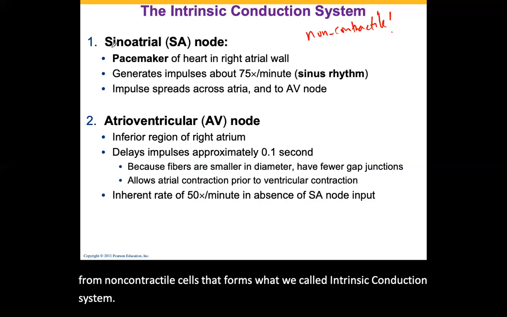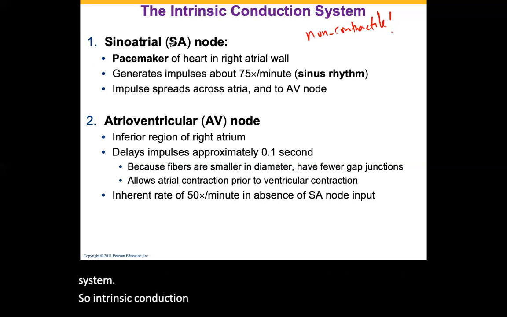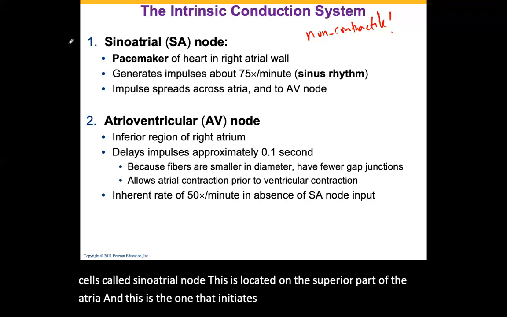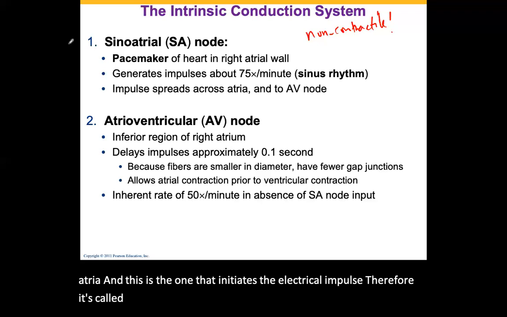The intrinsic conduction system starts with a cluster of non-contractile cells called the sinoatrial node. This is located on the superior part of the atria, and it is the one that initiates the electrical impulse. Therefore, it's called the pacemaker of the heart.